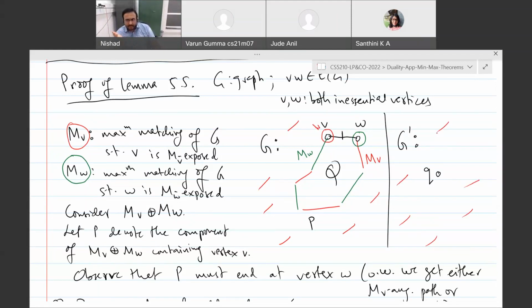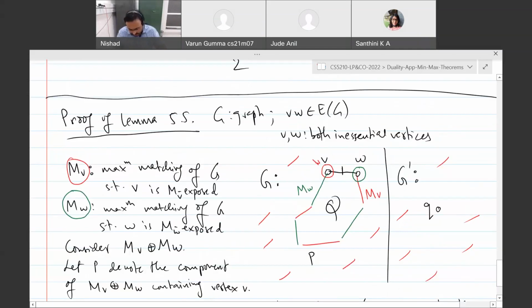So this is a simple observation. If there is a bigger matching in G prime, then we can simply blow up the cycle and again increase the size of this matching by as many edges that are used in the original red colored matching, right? So that means we'll get a bigger matching in G, but both the red colored and the green colored ones were maximum matchings in the original graph.